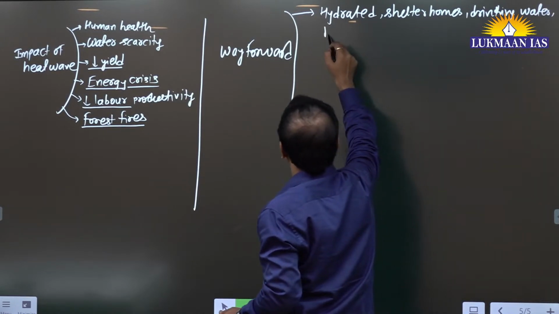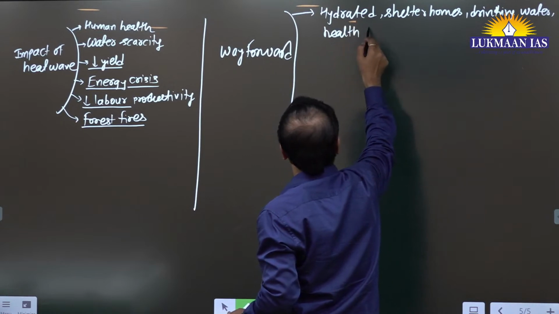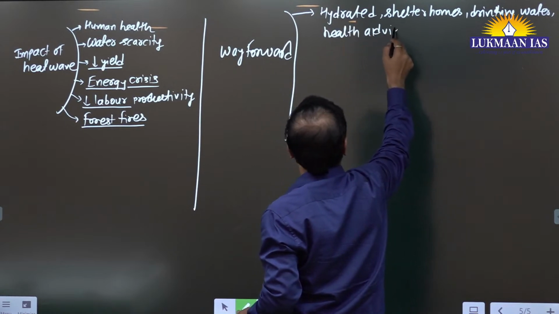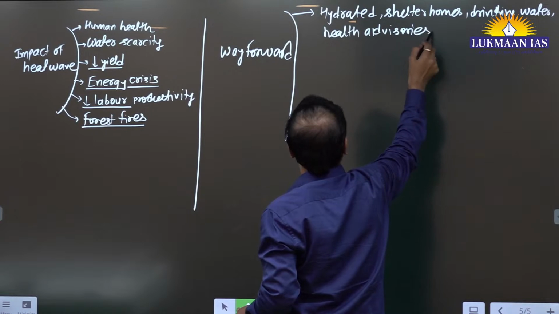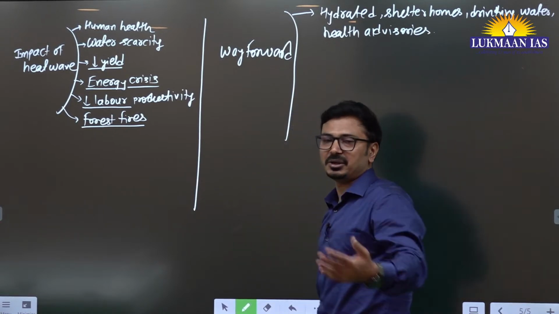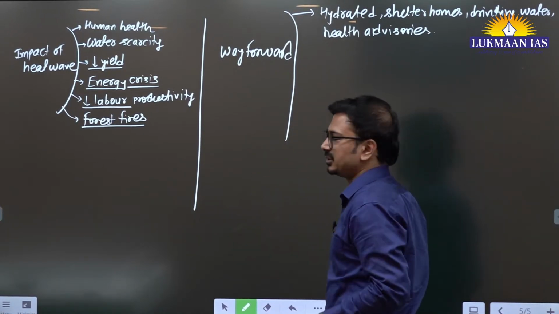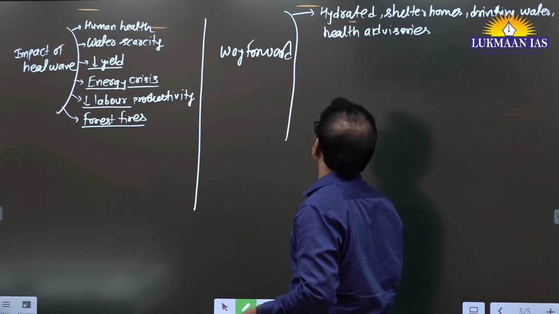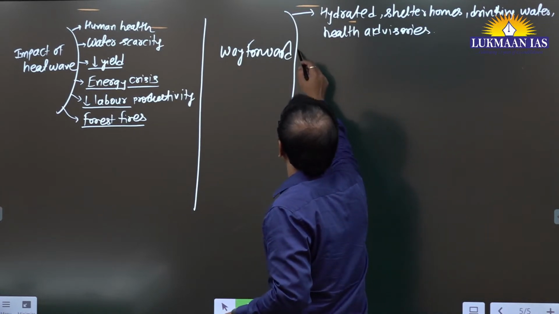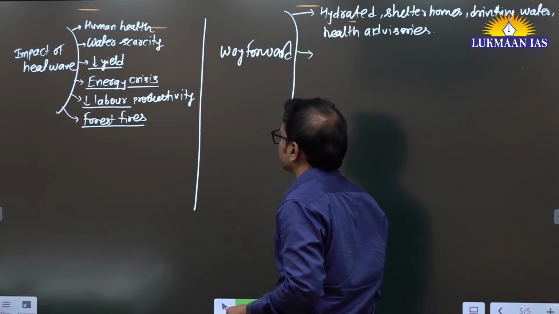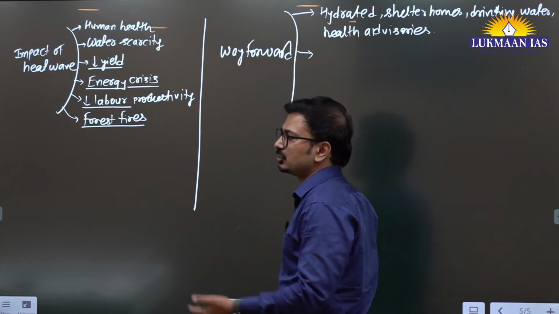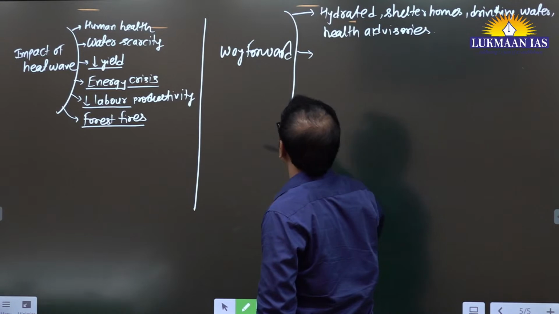Then health advisories होता है ना, गवर्नमेंट, लोकल गवर्नमेंट भी देता है हेल्थ एडवाइजरीज, ये दिन में बाहर मत निकलो, ये सब चीजें एडवाइजरीज देते हैं, ठीक है, हीट स्ट्रोक होने की वजह से हो सकता है. देन वी कैन टॉक अबाउट वाटर स्कैरसिटी, सो हियर आल्सो वी कैन टॉक अबाउट वाटर मैनेजमेंट.